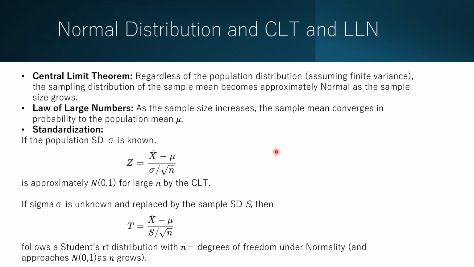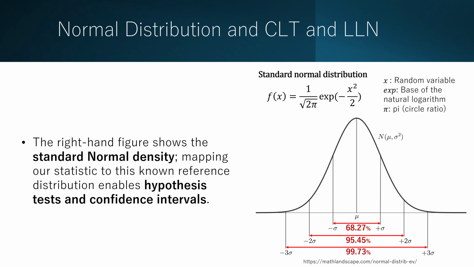In other words, with more data randomly drawn, the sample average gets closer to the true average. True average means population average. And the sampling distribution becomes smoother and bell-shaped. It is the normal distribution. These ideas are the foundation for using the normal distribution in hypothesis testing and confidence intervals. So these two theorems are very, very important.